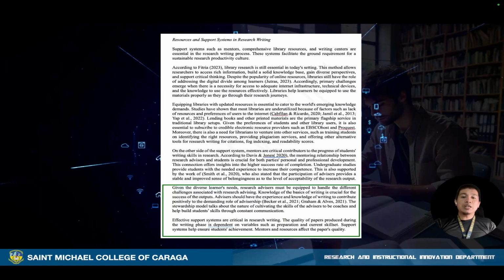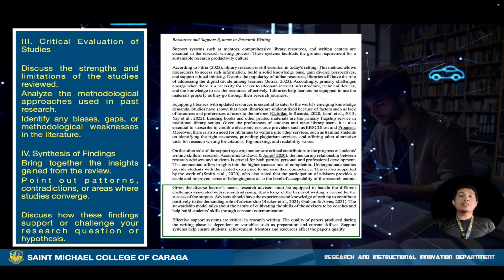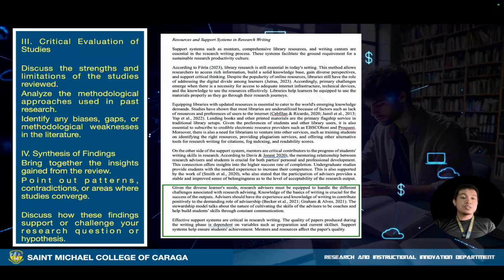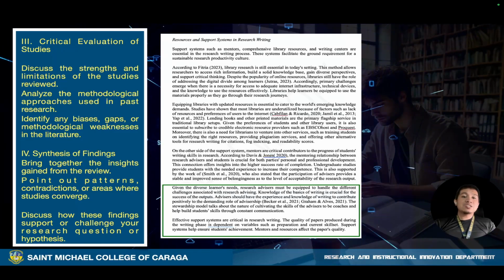On the last part, you will also observe that there is also a critical evaluation of the studies. So when there's already the fourth part, you synthesize all of the things that are considered to be in the themes, and you point out the patterns, the contradictions, and at the same time, where the other studies converge.